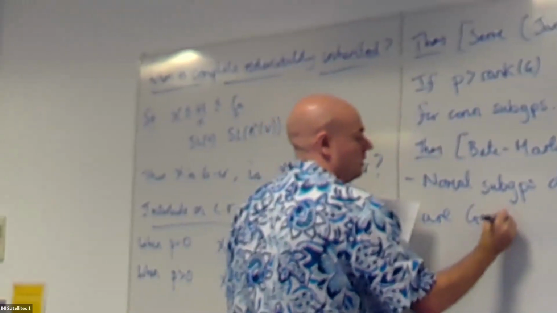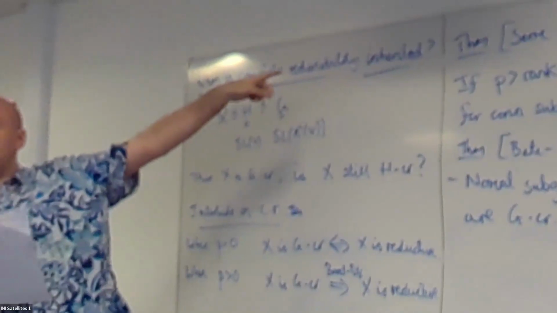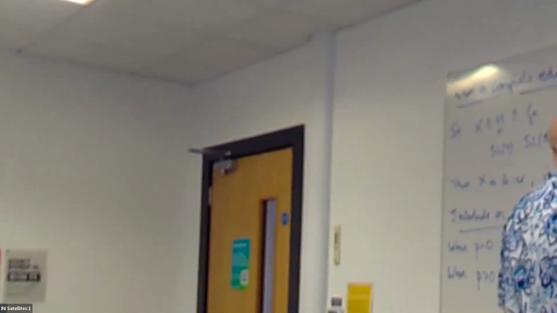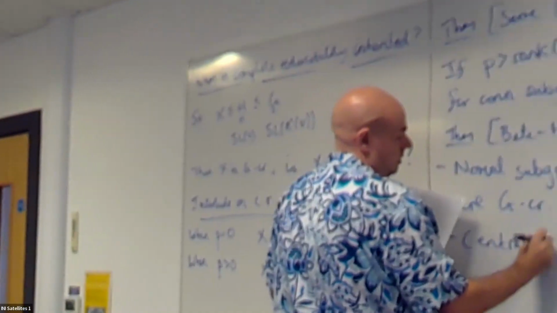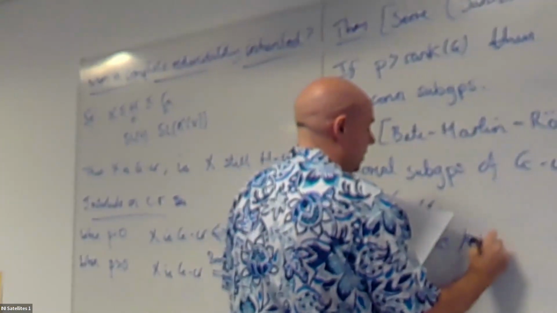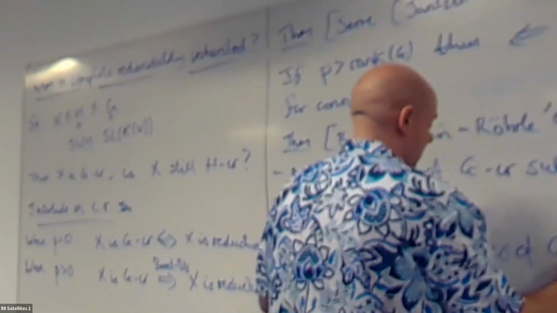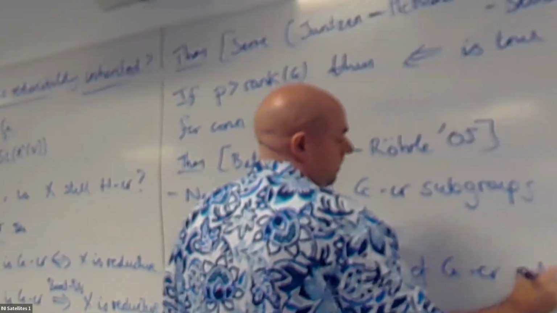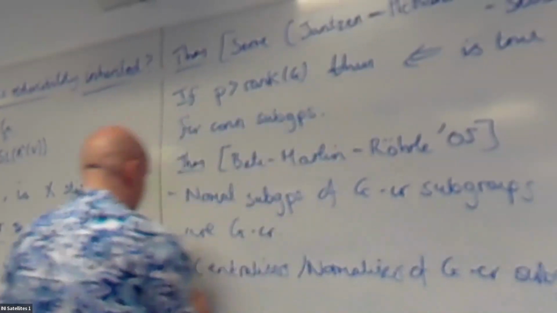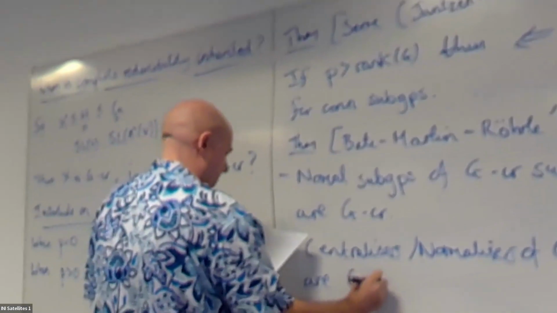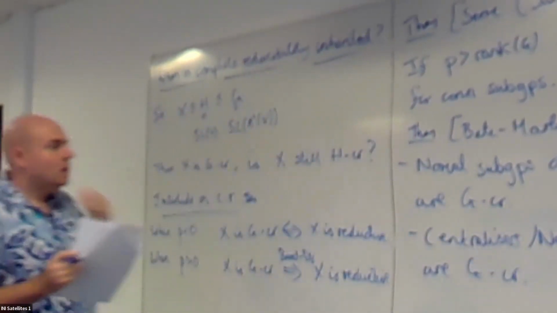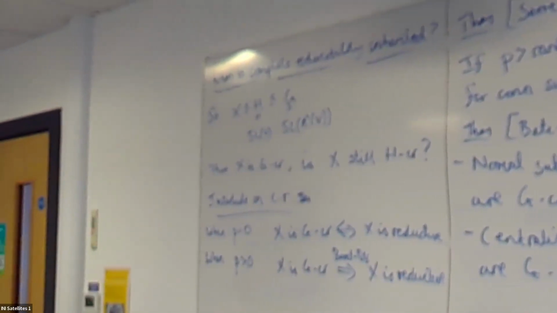I guess that's a nice kind of inheritance property. And centralizers, normalizers of GCR subgroups are GCR. And there are lots more.